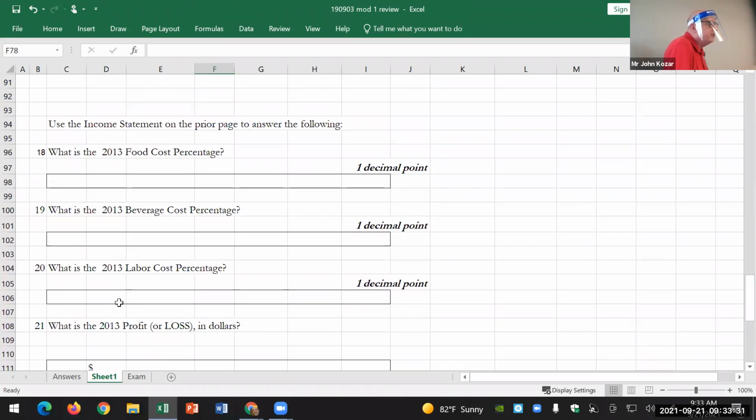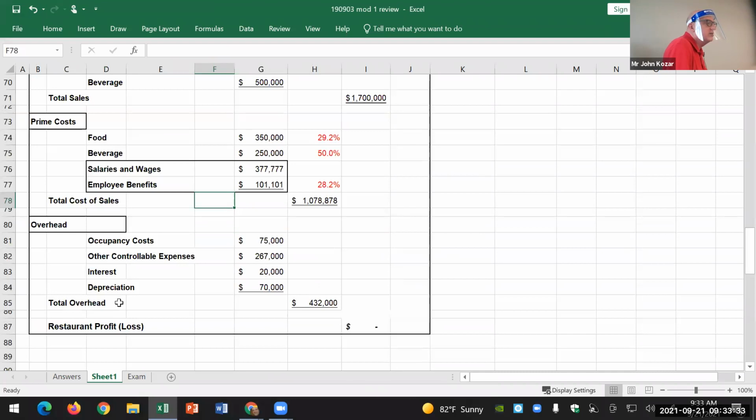What is the profit or the loss for that year? So we're going to take profit is equal to your sales minus your expenses. So our sales, 1.7 million. We have two different expense categories that we're going to subtract.